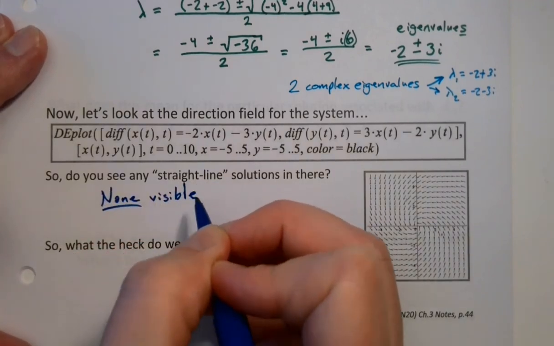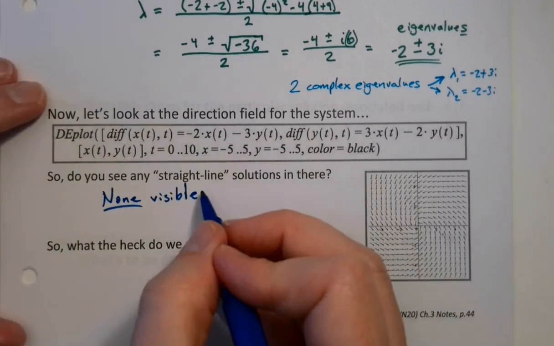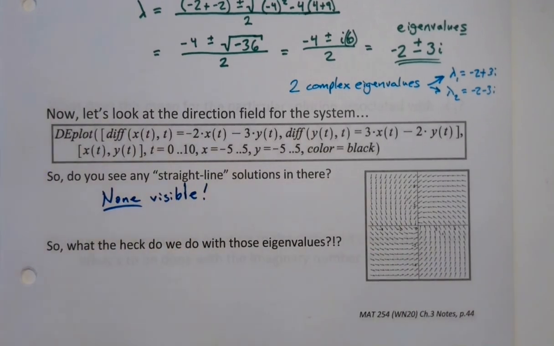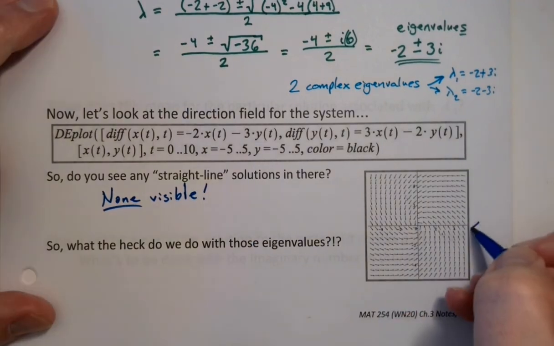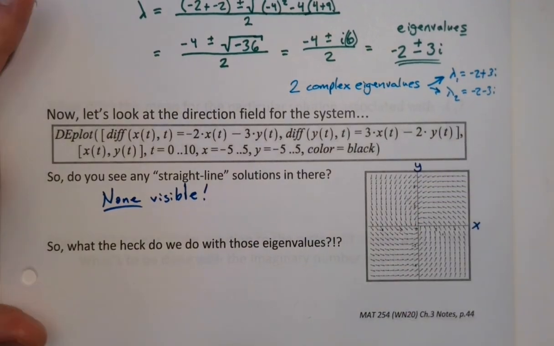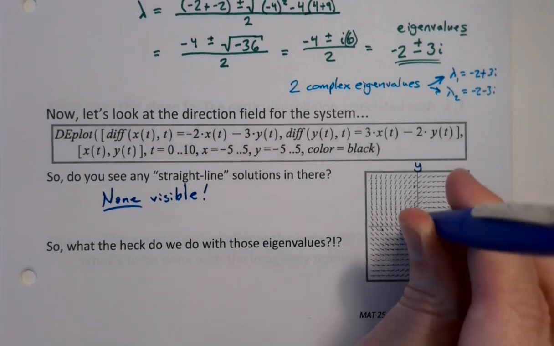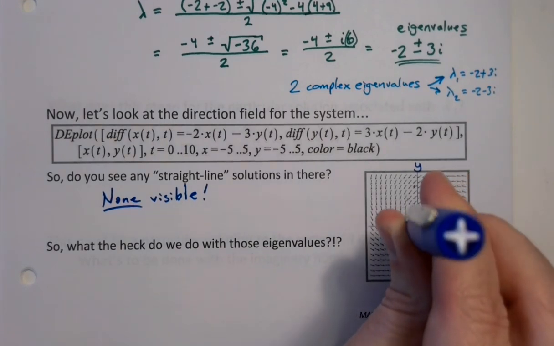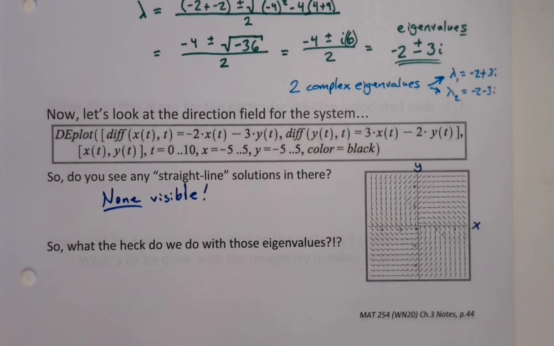Now you'll notice I say none visible, because there might be a straight line solution, just not one that we can see on the plane that is x and y. We might need to imagine what happens if we take a look at that third variable coming up and out of the plane. Remember, that time variable is coming up and out.